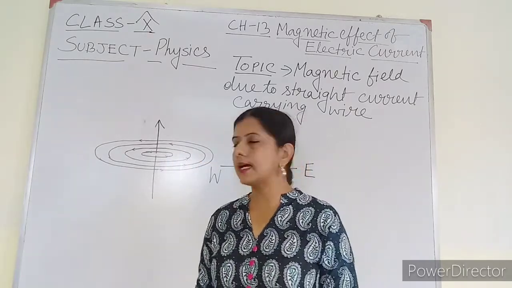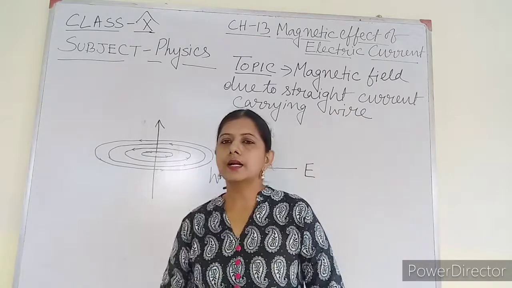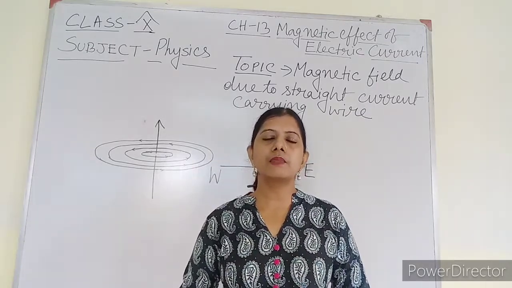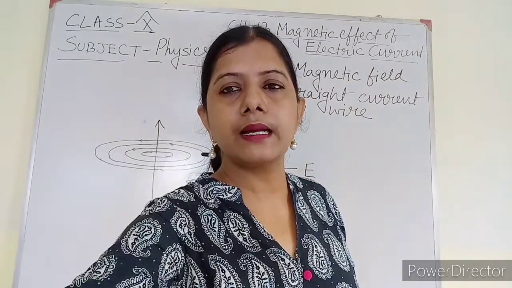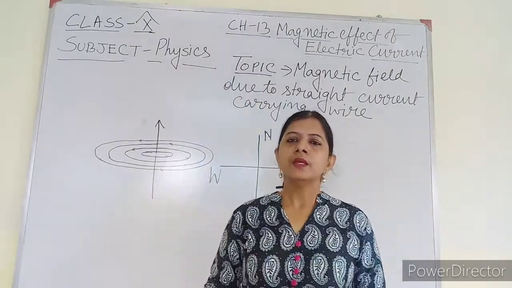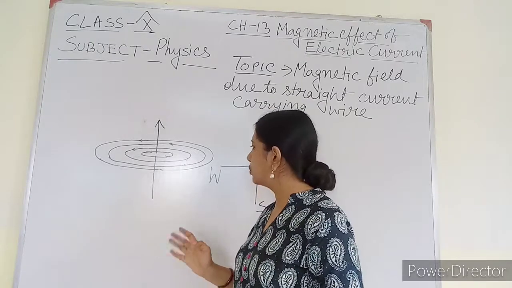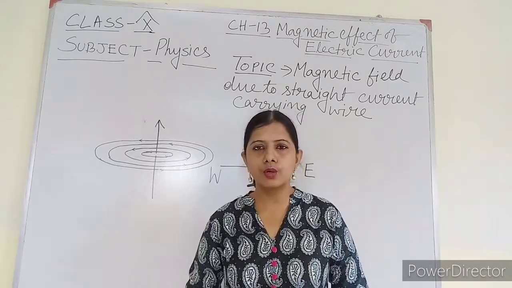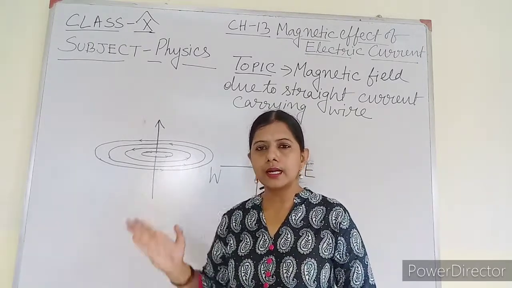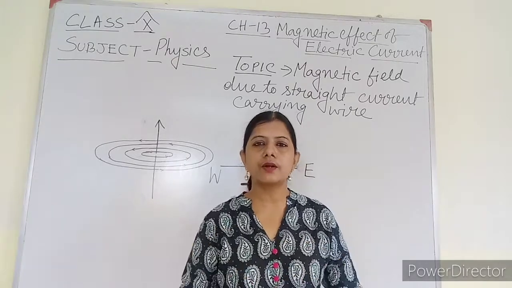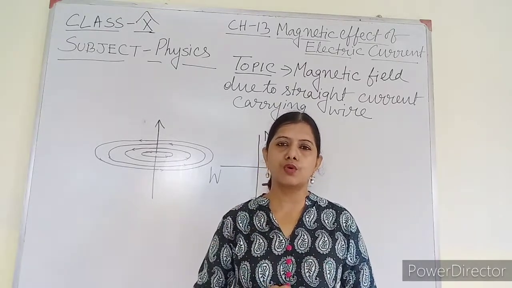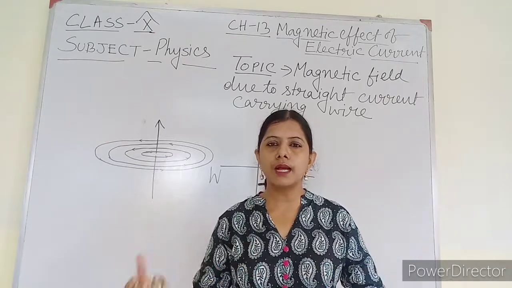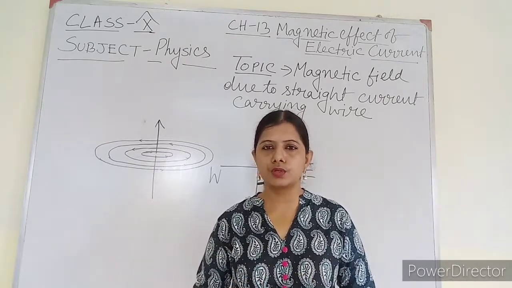I will find that in the second case the deflection of the compass needle is more. So what can we conclude? When the current is more, the effect of magnetic force is more, so more magnetic field is produced.